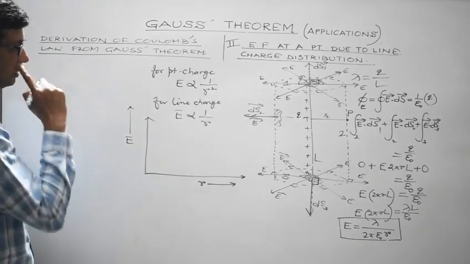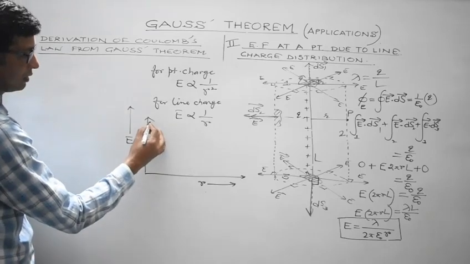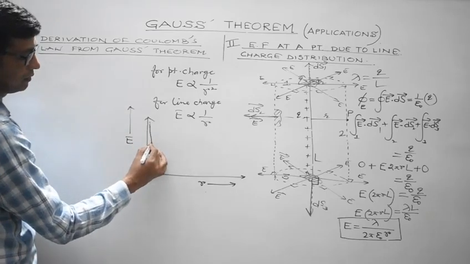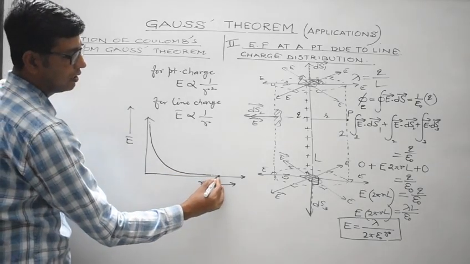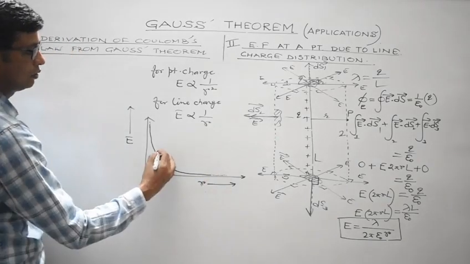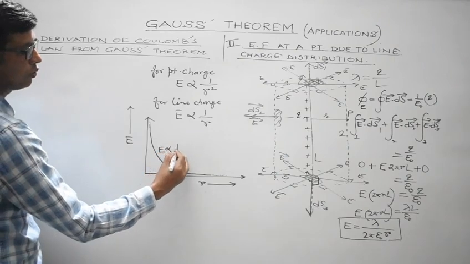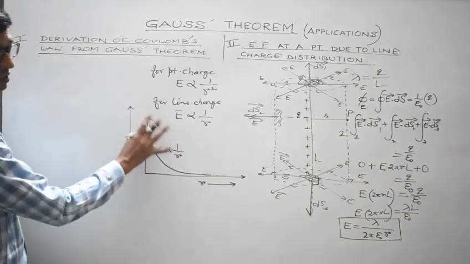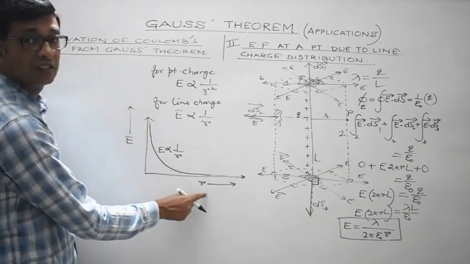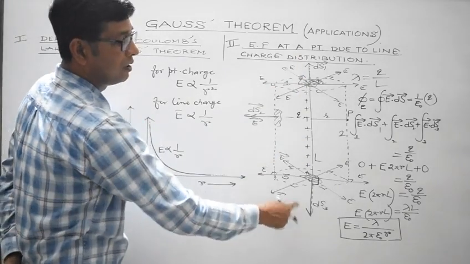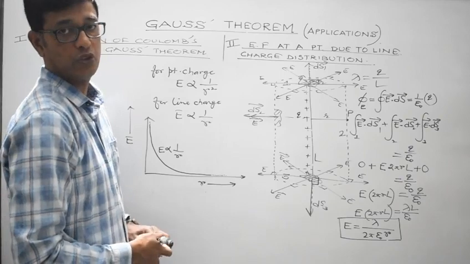So the graph would be like this. It will touch at infinity. So this graph shows the variation of electric field with distance r in case of line charge distribution.